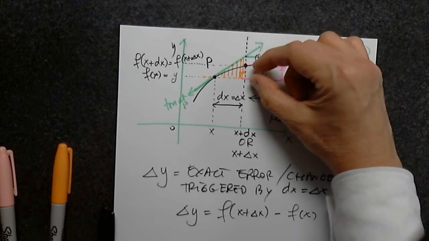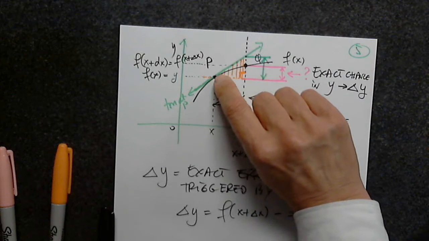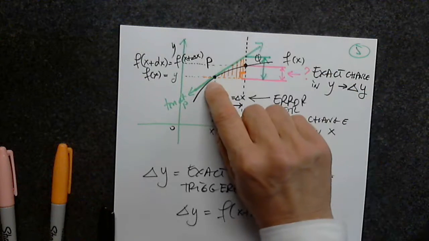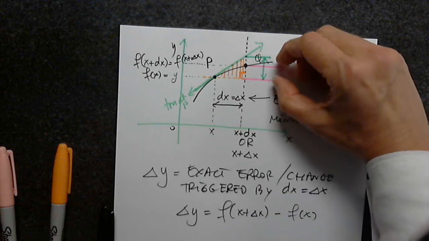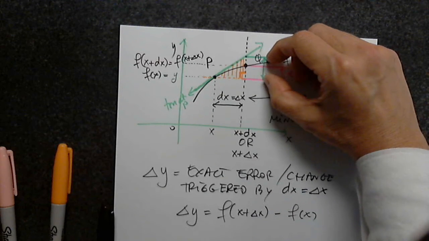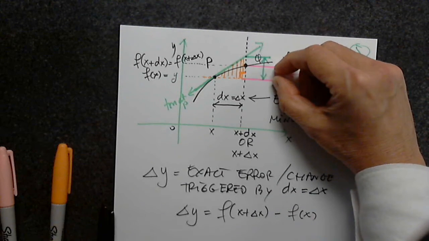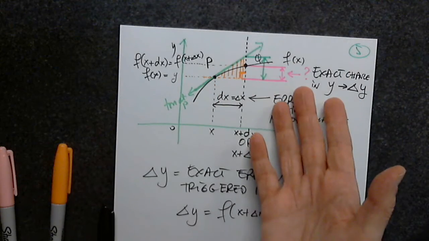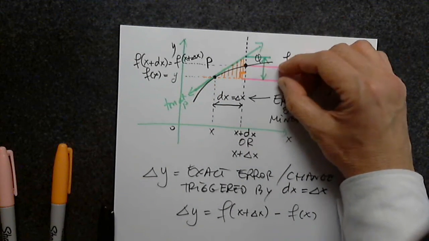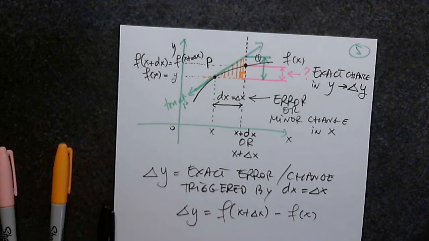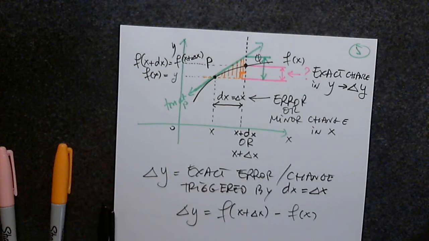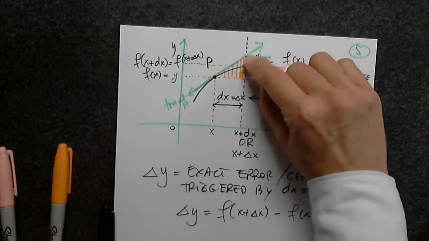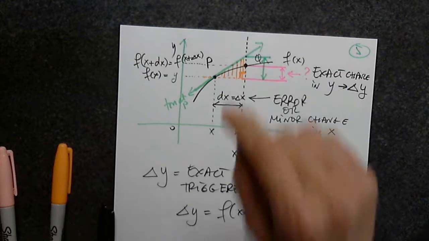It's an approximation of this because I'm using the tangent, not the graph of the function. In this case, the way I graphed it, it will be an overestimate of this because obviously the green piece is bigger than the pink one. But the question is, what does this represent and how do I determine it?